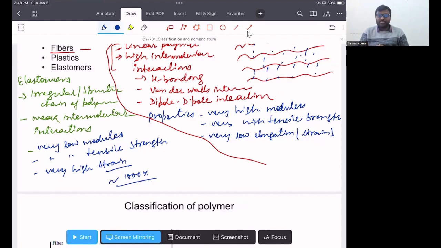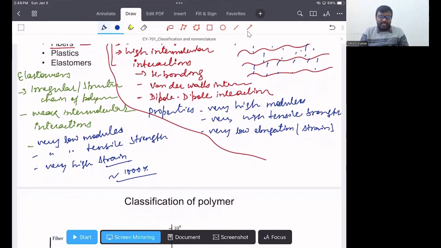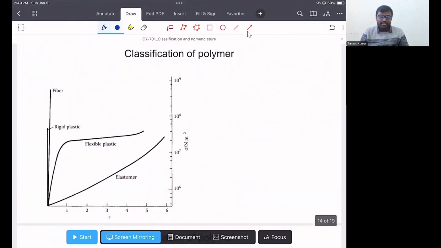So we have an understanding of fibers and elastomers. What about plastics? Plastic has intermediate properties between fibers and elastomers, and based on that, it has mixed mechanical properties. So now let's understand how fibers, plastics, and elastomers have different mechanical properties of polymers.